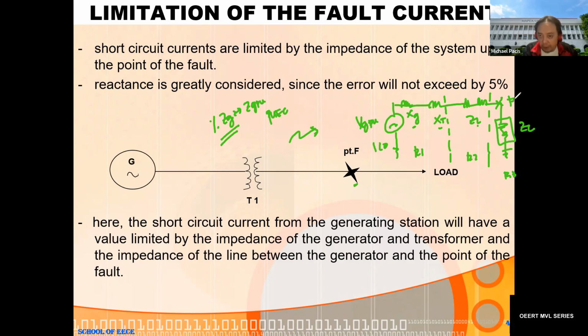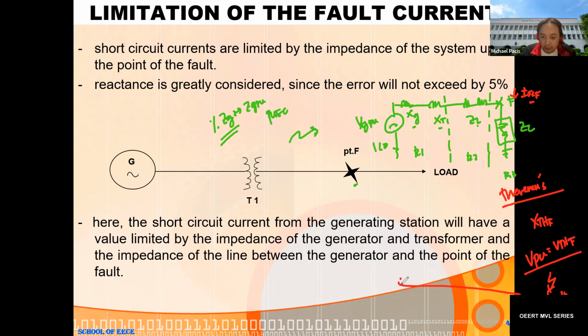Okay, in this case, if you want to get the fault current at that point, I could say ISC at F, you need to use Thevenin's theorem in order to get the short circuit current. The only way to do that is you need to know the Thevenin's reactance at the fault point and what is VPU, or the so-called VTH, at the fault point. This is what I meant a while ago: the VPU here is the so-called pre-fault voltage.